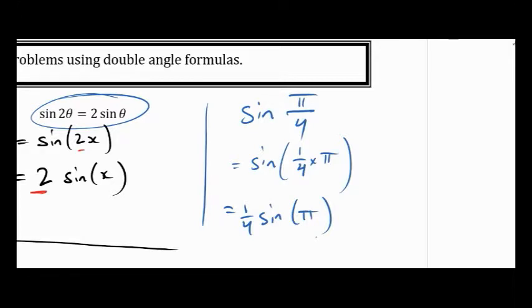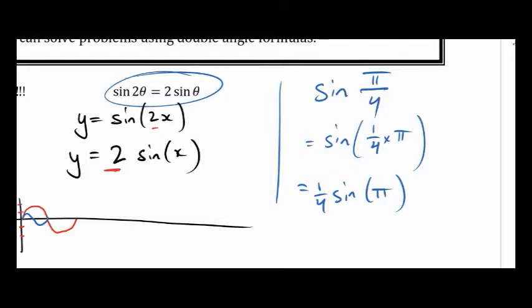From the graph? 0. So I could factor out any number, I'd multiply by 0 every time, and you'd get every answer to be 0 if you tried to do it. It doesn't make any sense. That's not how it works. This is not true. You can't take part of your angle and somehow pull it out to the front. That's not a thing. So it doesn't work for any numbers. It's not how it works.